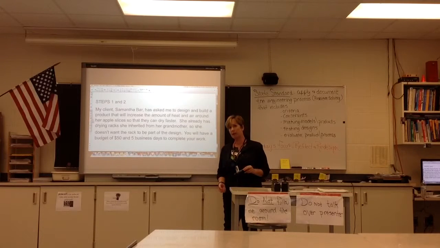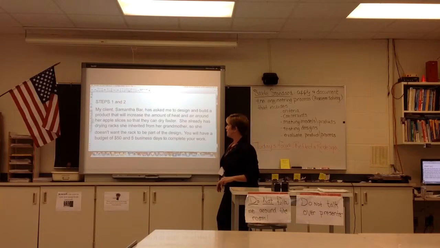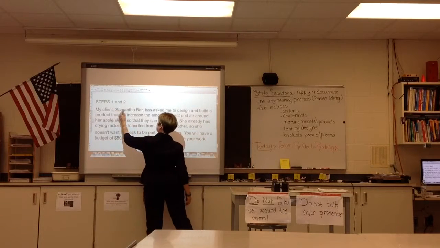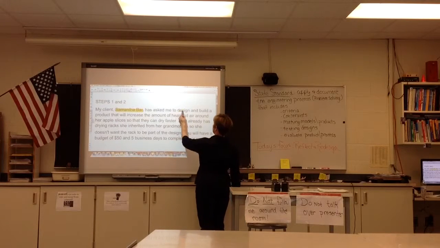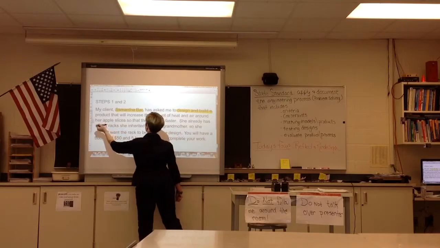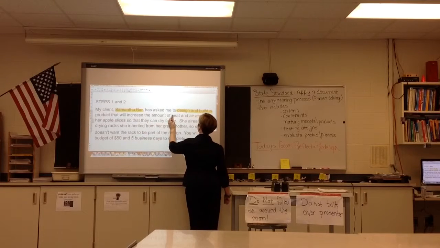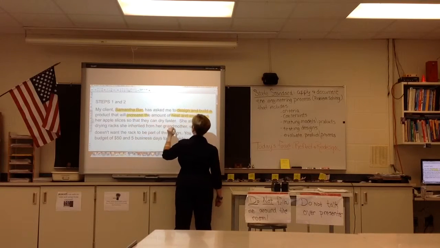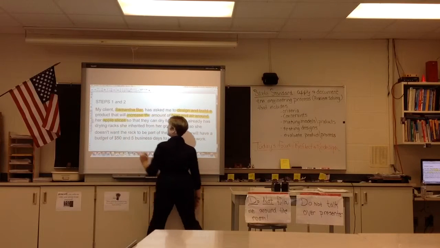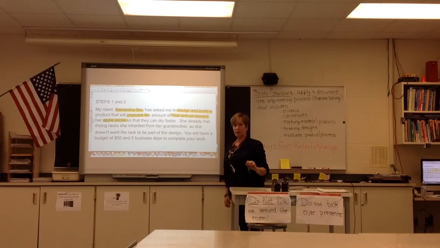All right, let's back up now and highlight all the criteria and constraints. So first, our client is Samantha Barr. She wants us to design and build something that will increase heat and air around her apple slices. Okay, if you're noticing, I'm not highlighting everything, I'm only picking out the words I really want.